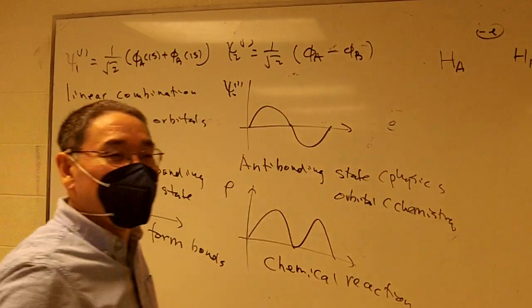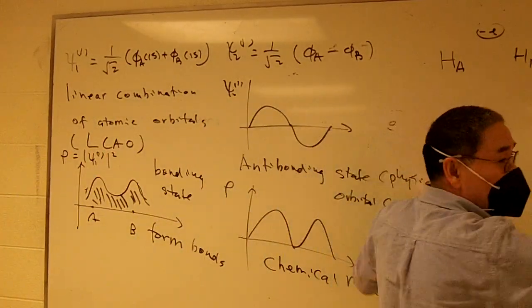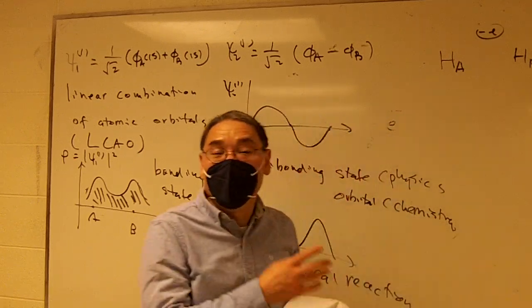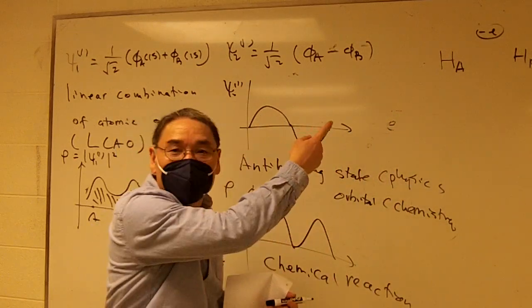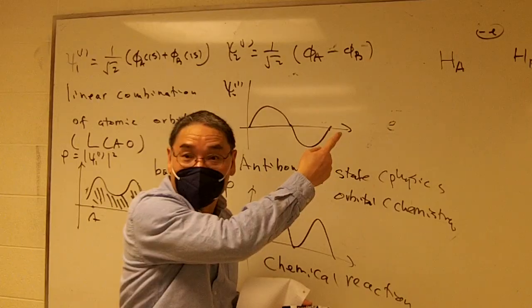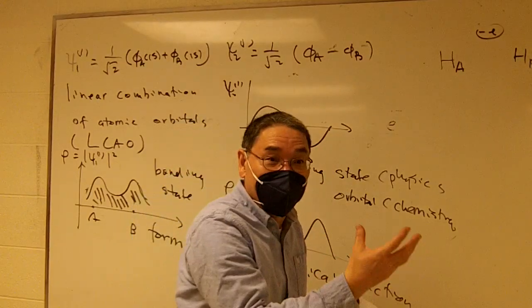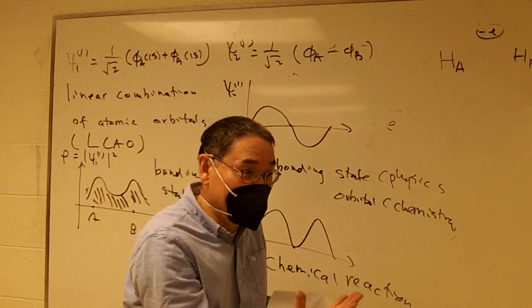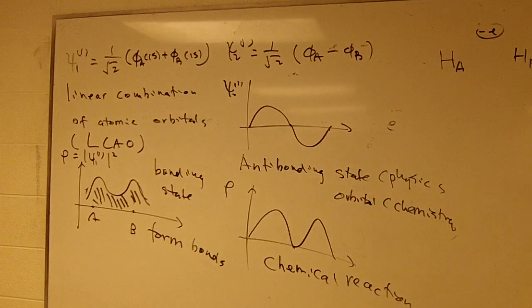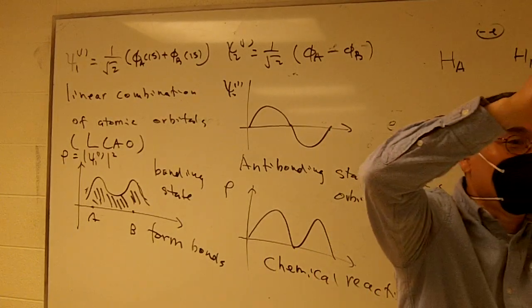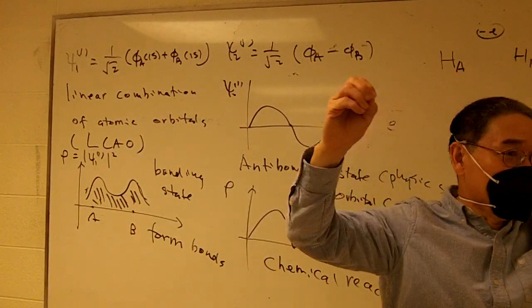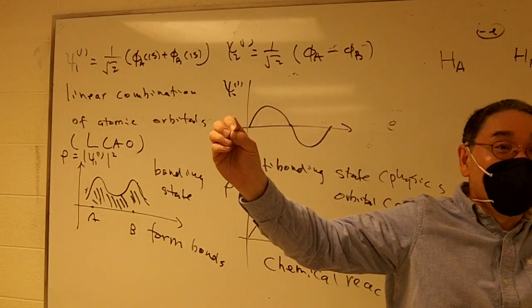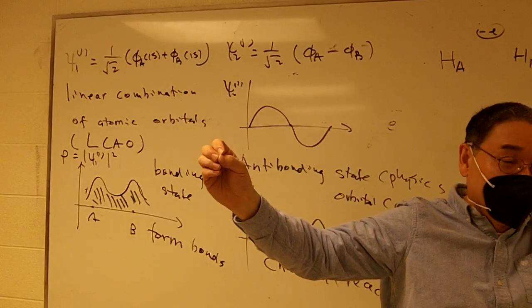Now, if you separate these two atoms, you were wondering where this electron is going to be eventually, right? If you have one single hydrogen atom, you're perfectly fine. But what happens if you separate them larger and larger and larger like this? So you know where this electron is going to be, right?